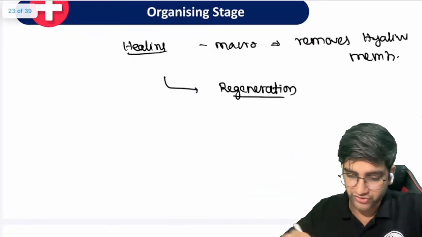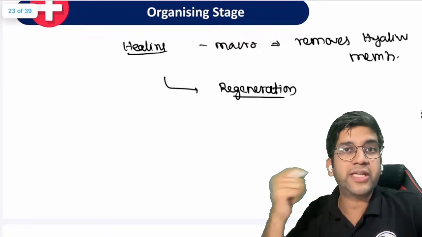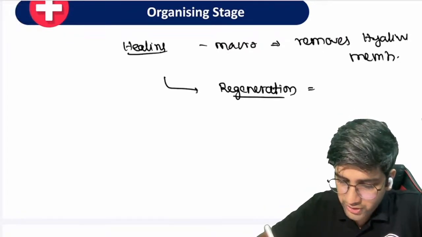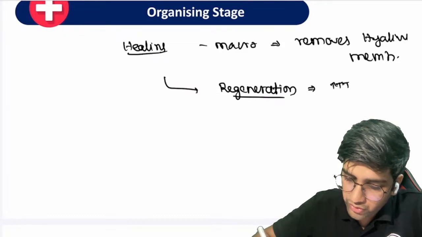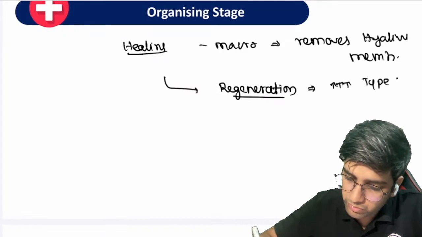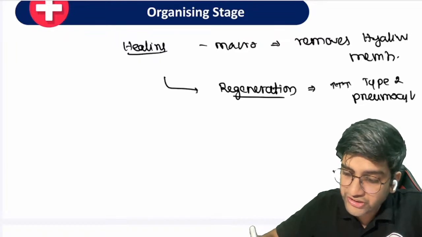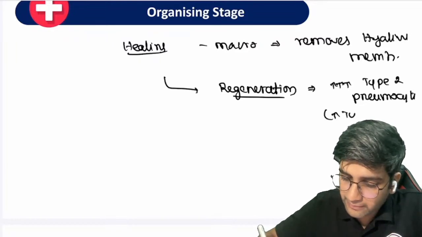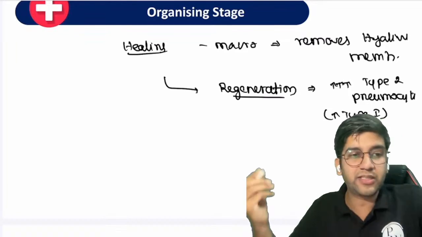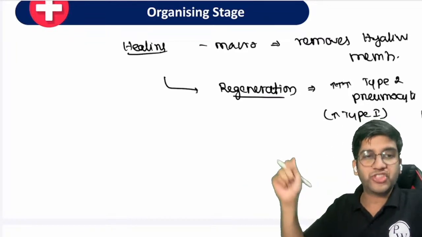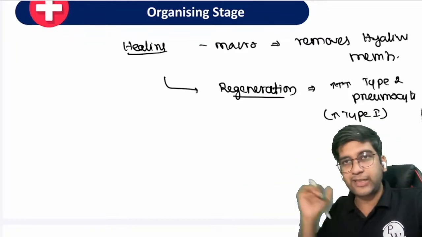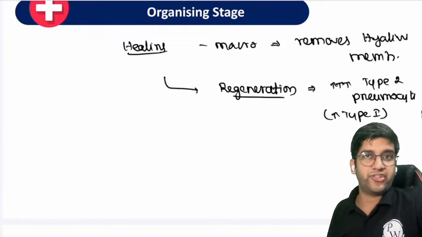Type 2 will come back first, right? My body reacts based on the importance, that's all. The regeneration will be more of type 2 pneumocytes. I'm not saying type 1 pneumocytes will not happen, but type 1 will be very subtle. Predominantly a type 2 pneumocyte hyperplasia and very subtle type 1 pneumocyte hyperplasia. This is what happens in regeneration.